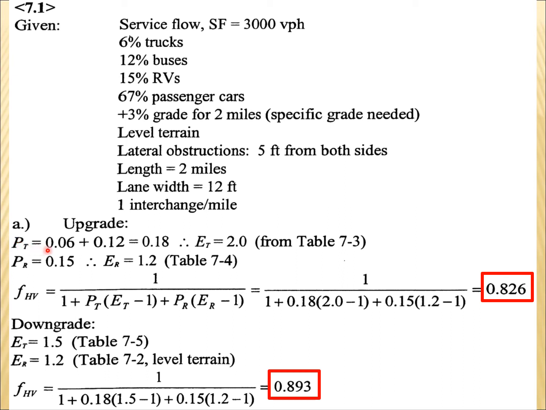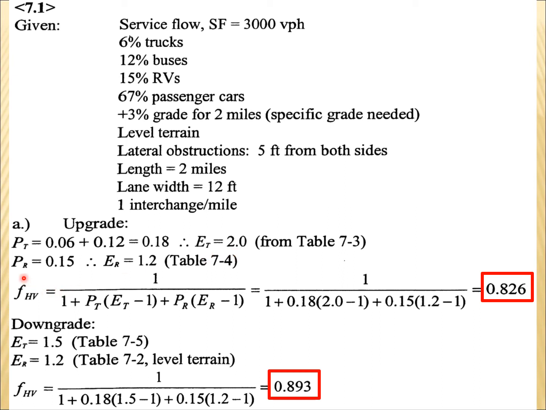First, considering the case of upgrade, you can see that P sub T is equal to 0.06 plus 0.12, that is 0.18, because 6% are trucks and 12% are buses. So we are getting these in fractions. Then by consulting Table 7-3, we have E sub T equal to 2.